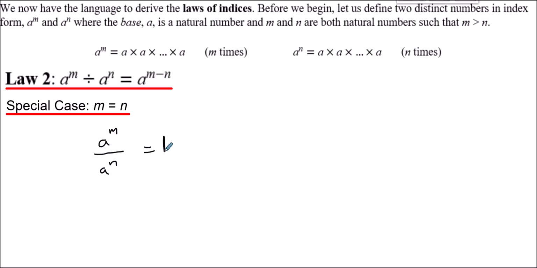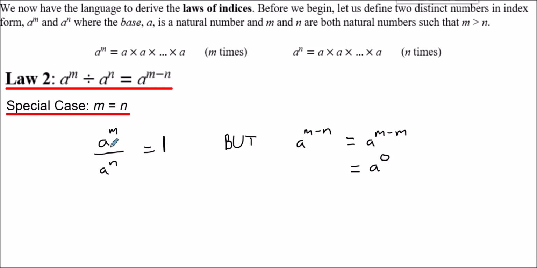to 1, isn't it? Because you think about it, any natural number divided by itself always equals 1. 2 divided by 2, a million divided by a million, whatever, that's just obviously equal to each other. But a to the power of m minus n, that's going to be the same as a to the power of m minus m, because n is the same as m, and that's the same as a to the power 0.